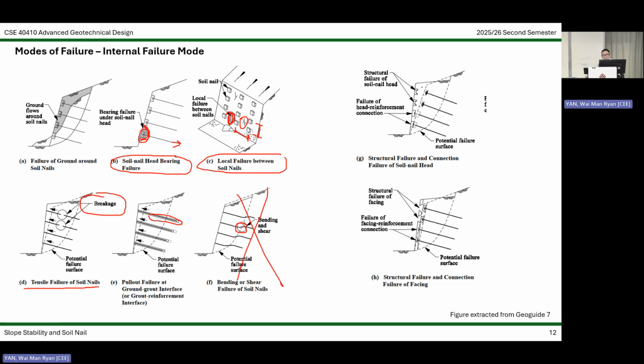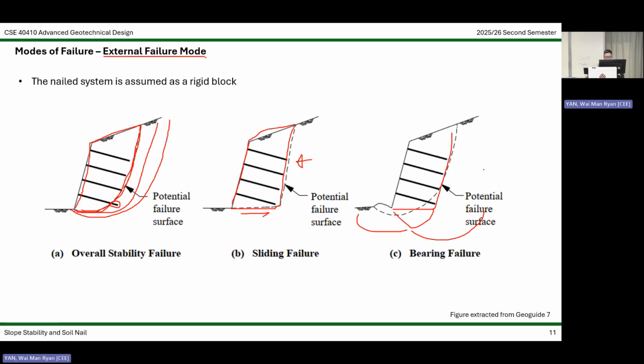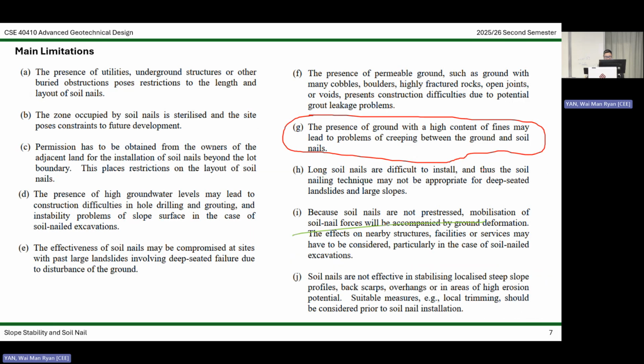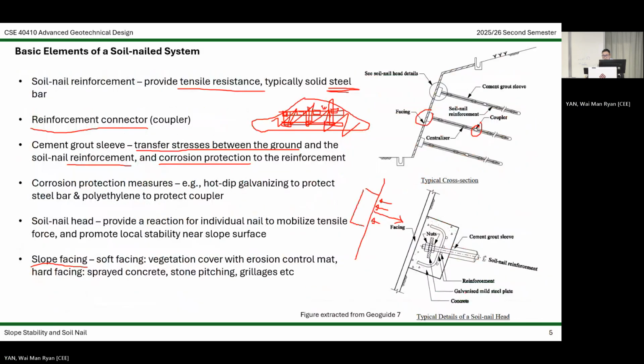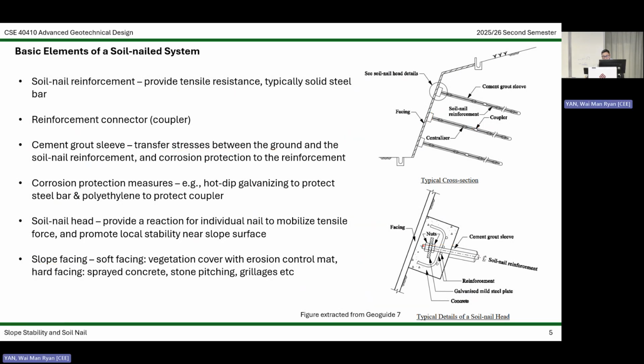And some other thing will be the structural connection things. So for example, you've got a head, you've got the nail, and then if you look at a little bit more details, I think I have the figures here. This is how it looks like. You've got a nail here.